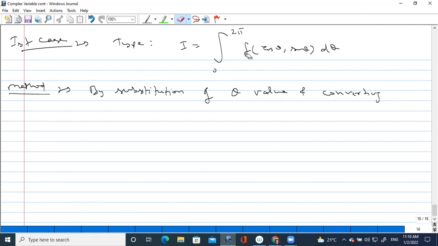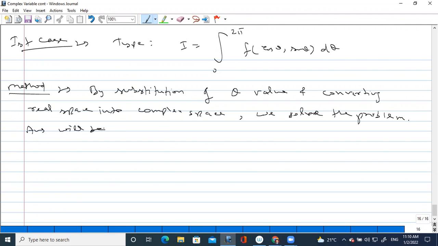This is your real space question. Understood? No imaginary value is there. So by substitution of the theta value and converting real space into complex space, we solve the problem. So this is our main motto, and the answer will again be found in real space.